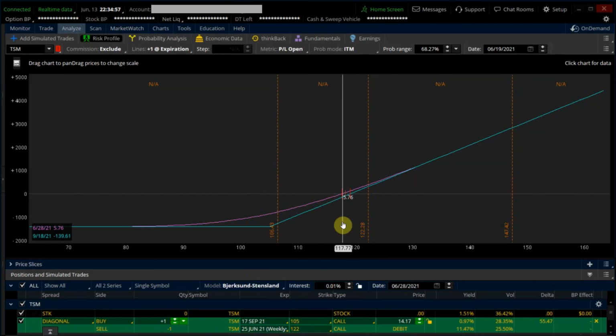Okay, so the key thing about the diagonal spread is that you want to select the short call that is at the key resistance level, so that hopefully the short call will expire worthless, and then you can keep the entire premium. So the idea behind the diagonal spread is that you'll continue to roll the short call.